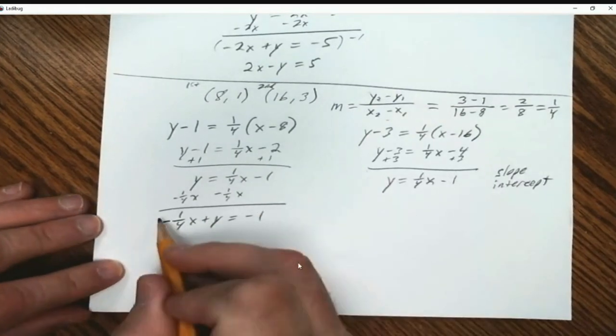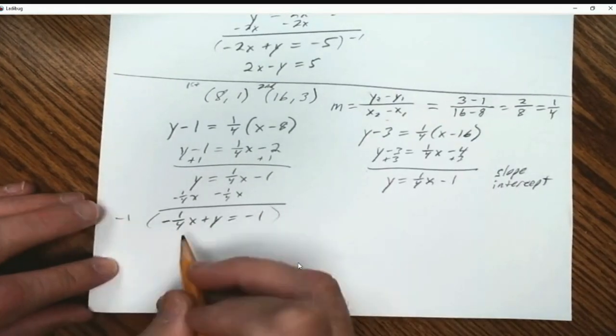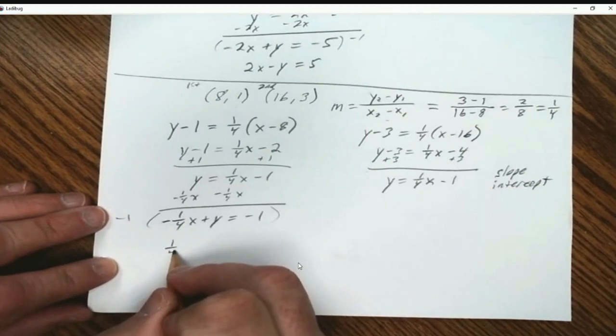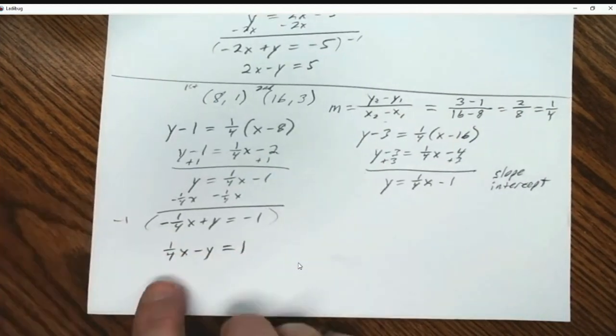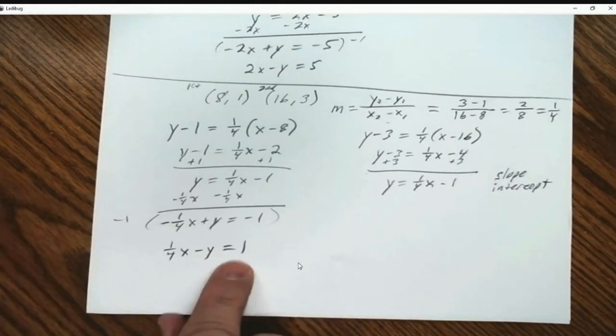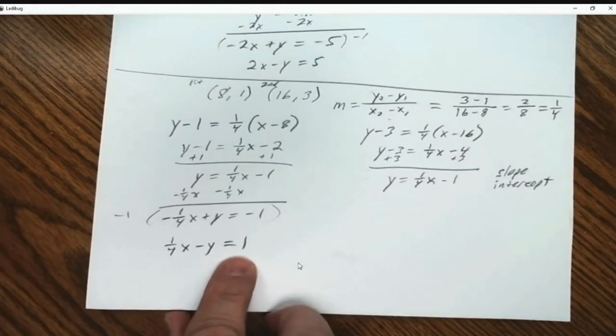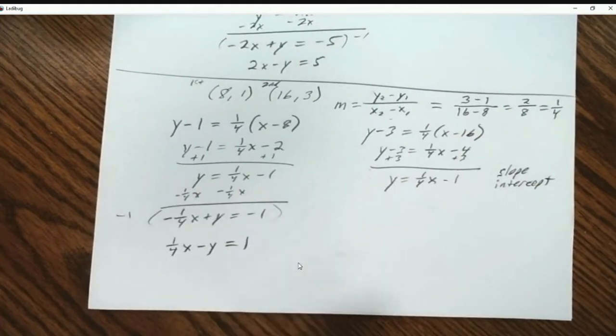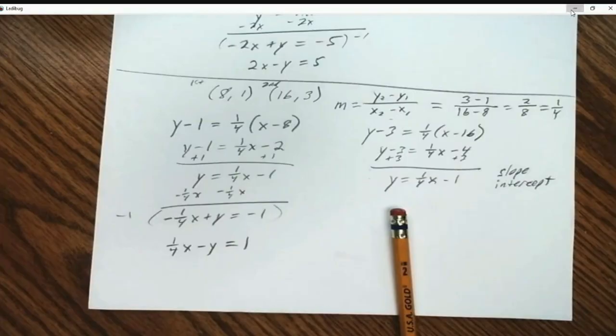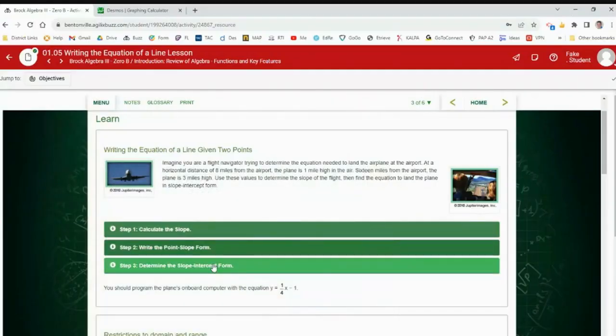Or again, if we multiply it by negative 1, because we like that positive x term at the beginning, 1/4 x minus y equals 1. And this would do the exact same, it's the exact same equation, so I'm not going to write it twice. So let's look at what we're doing with that now. Let's see. Determine slope intercept. That's it. y equals 1/4 x minus 1.